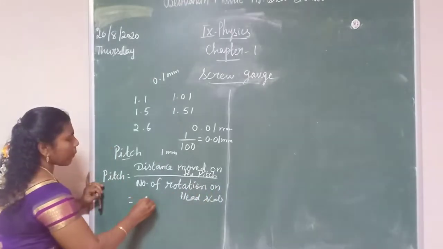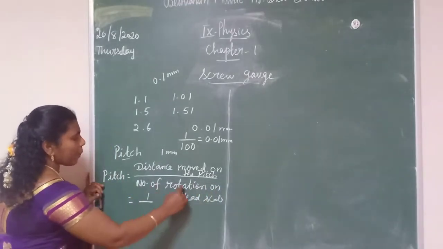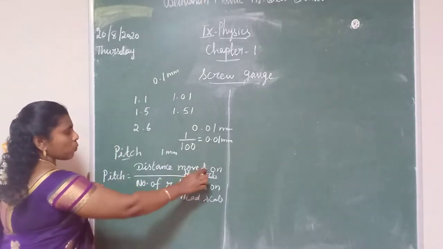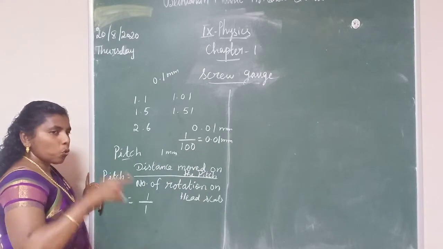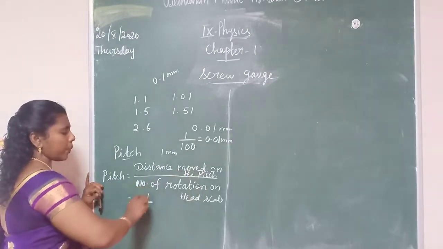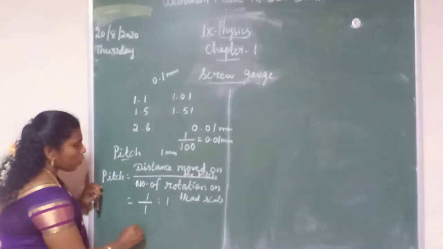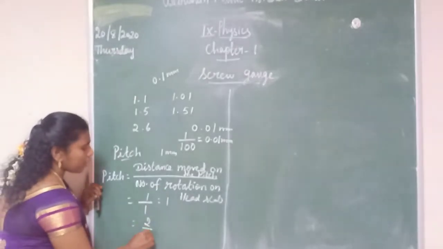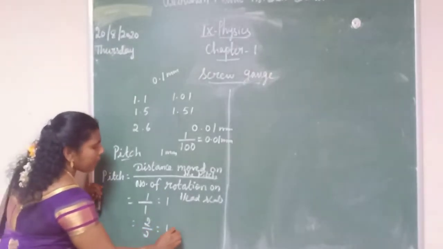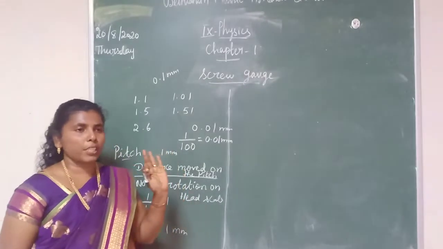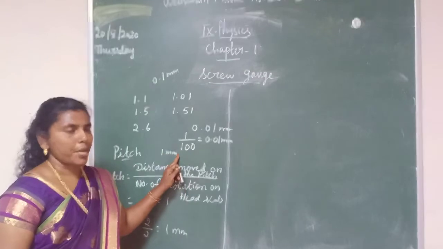For one rotation, the distance moved on the pitch scale is 1 millimeter, so 1 by 1 gives 1. Suppose we give two rotations, the distance moved is 2 millimeter, so 2 divided by 2 equals 1 millimeter. So always you will get the pitch of the screw gauge as 1 millimeter.